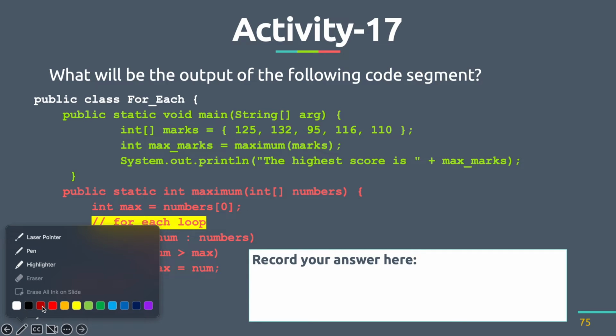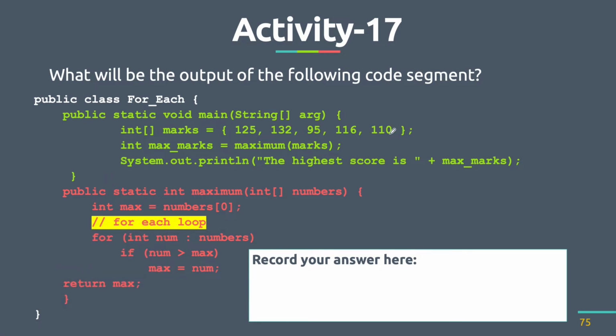In the marks array, we have these marks for some students, and after defining this marks array, we have a max marks integer, and we get the value of this max marks from a method called maximum, and we pass the marks to this maximum method.